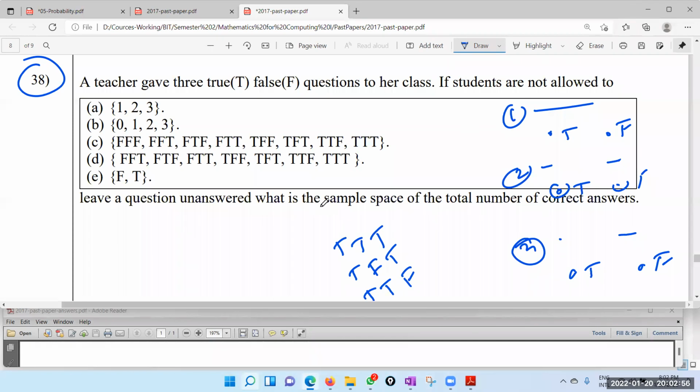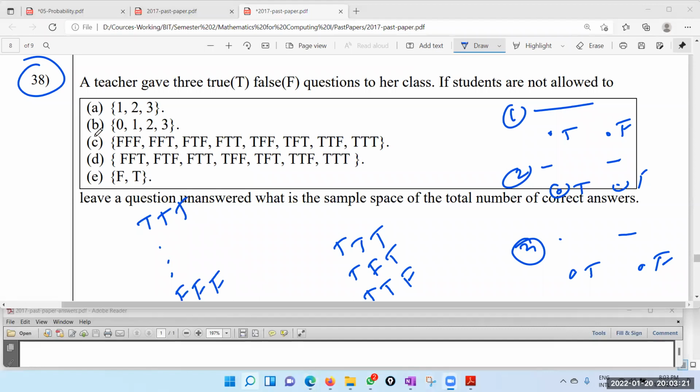You will be able to find out when we do the next topic, that is your final topic, counting, but you can guess at least. True, true, true, true, false, false, false, false, false, false. How many possibilities will be there?